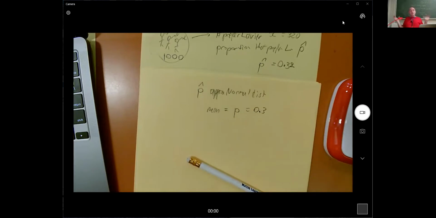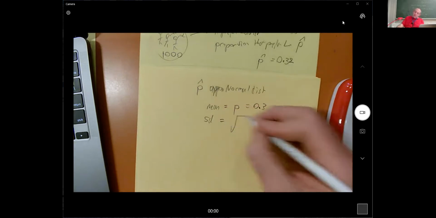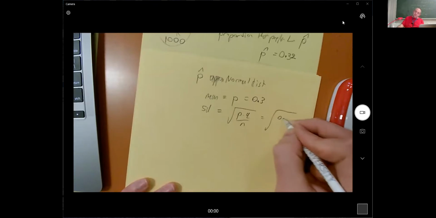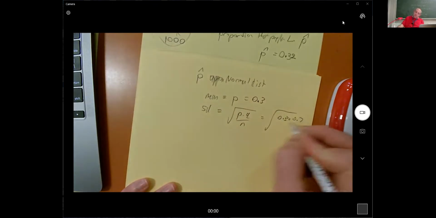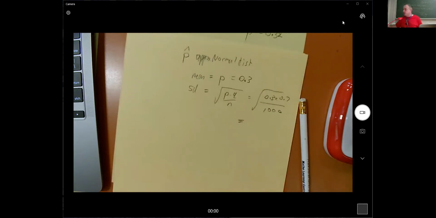So if 30% of people prefer Laurier, then on average in any group of them, the percentage should be 30%. And the standard deviation will be the square root of P times Q over N. Which is what calculators are for.